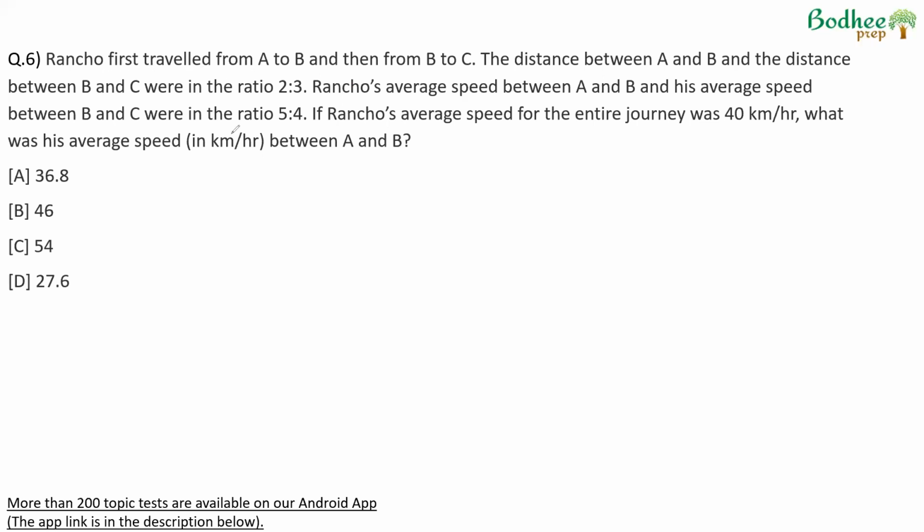Rancho first traveled from A to B and then from B to C. The distances between A and B and B and C are in the ratio 2:3. So I'm saying the distances between A and B and B and C are say 2x and 3x. Rancho's average speeds between A and B and B and C were in the ratio 5:4.